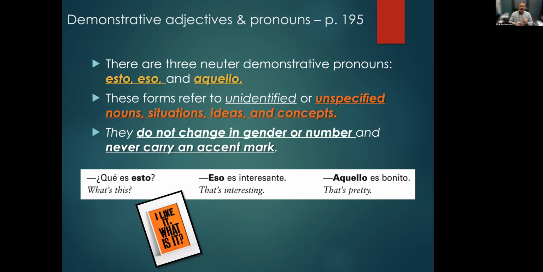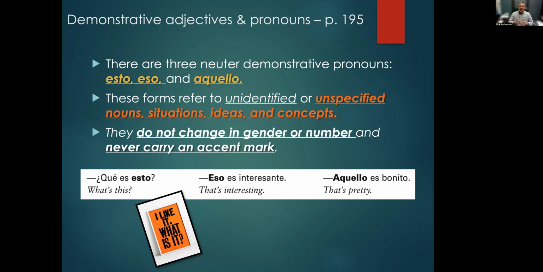So unspecified nouns, situations, ideas, and concepts that you can't identify. These do not change in gender or number because they don't have anything. It's the whole enchilada, the whole picture here is this gender neutral concept. So there's no gender, there's no number, and they never have an accent mark.